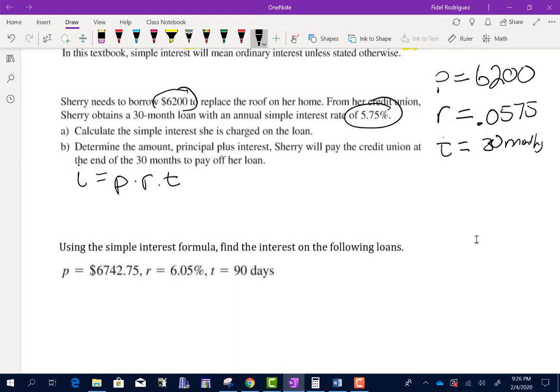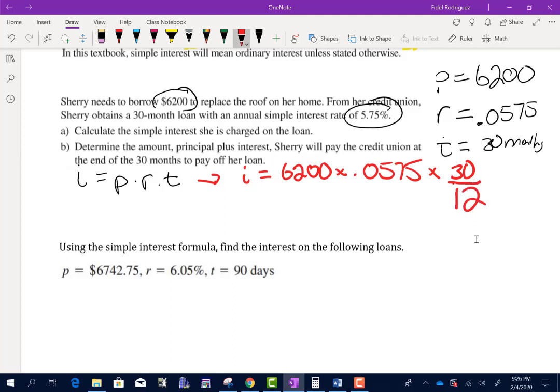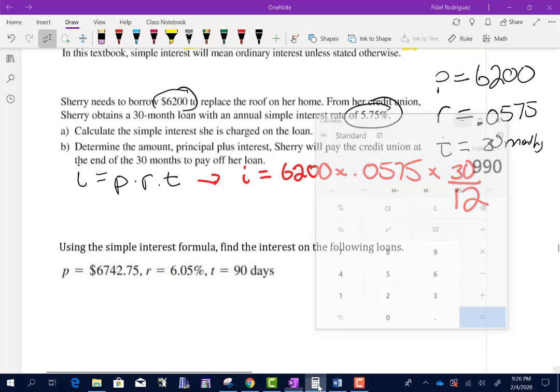So when I start to take my formula and do my little plug and chug, okay, I'm going to go I equals 6,200, okay, times 0.0575, okay, times 30. But guys, I'm going to write this as 30 over 12. Why? There's 12 months in a year, okay? So now I'm going to grab my calculator right here.